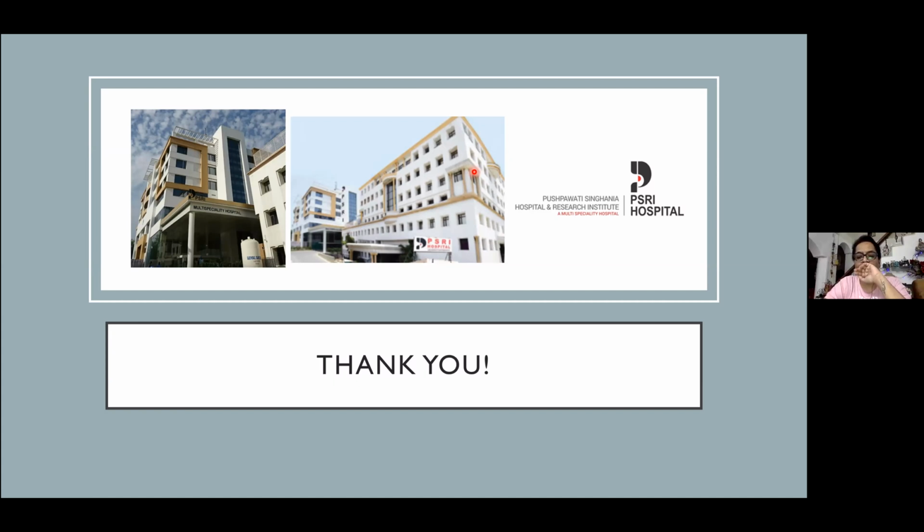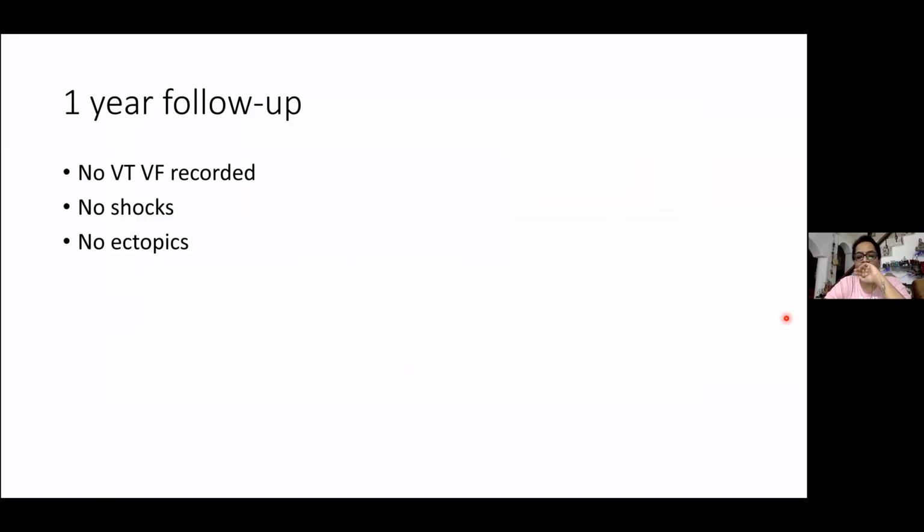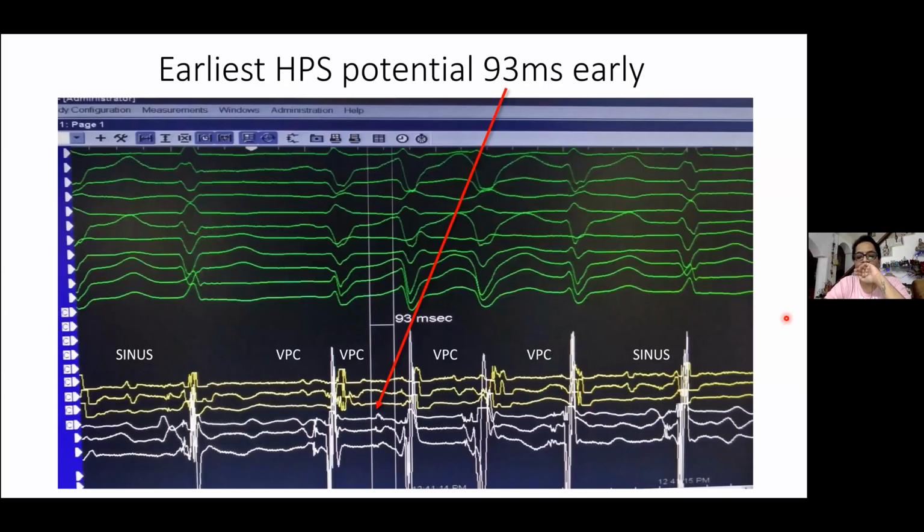But where did you ablate it? How close were you to the left bundle system? Were you close? I can show you the EGMs. You can see the site where you ablated. Dr. Ullas was pointing out that it's very high up. I don't think it's that high up, because if you see here, the difference between the His bundle point and the left bundle point. I told you, sir, why the QRS is so narrow. The QRS is not narrow because it is high up.